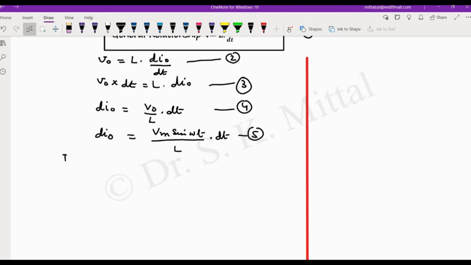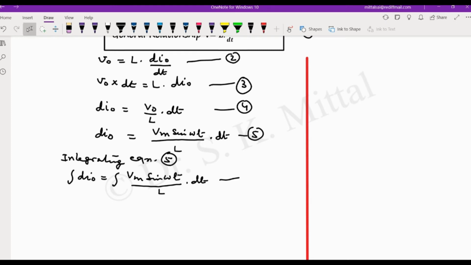So now, integrating equation 5, integral di0 is equal to integral Vm sin omega t divided by L into dt.